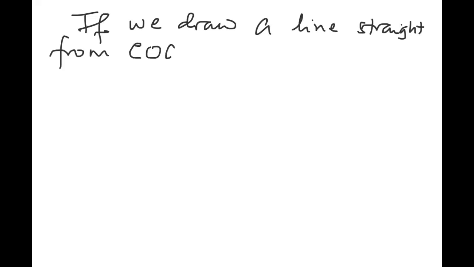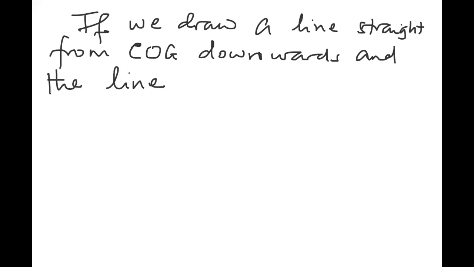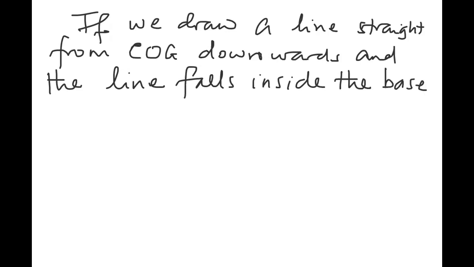If we draw a line straight from the center of gravity downwards, and the line falls inside the base of the object, the object is in stable equilibrium.